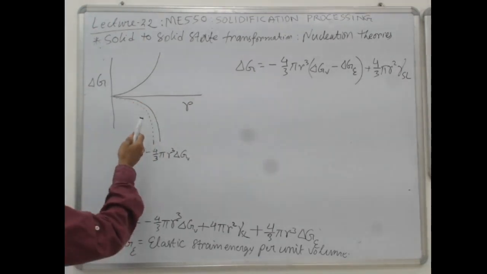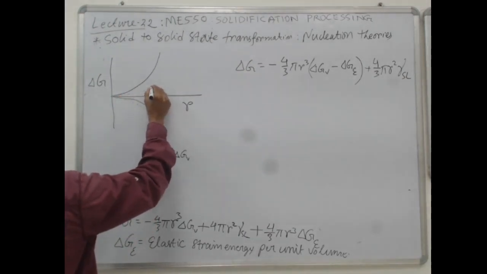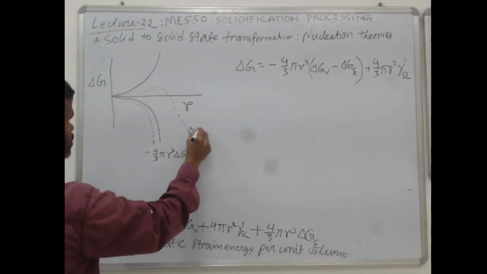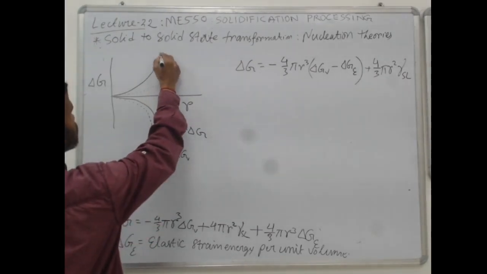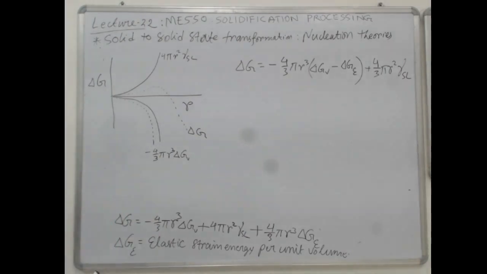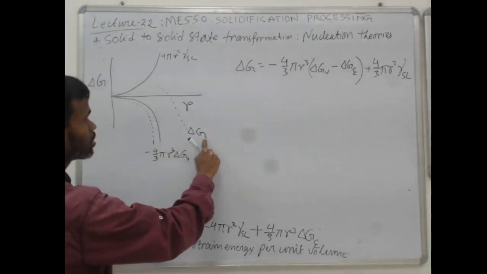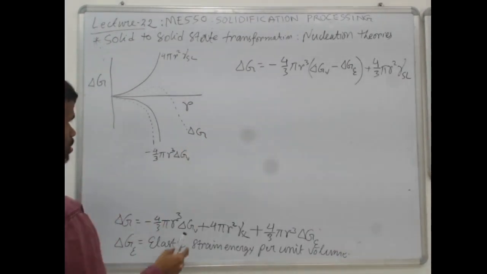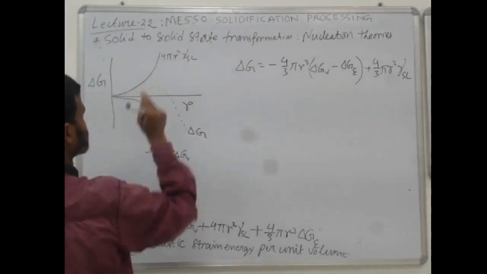If this was the overall delta G variation, with 4 pi r square gamma etc., this is the total energy of formation considering only these two terms.